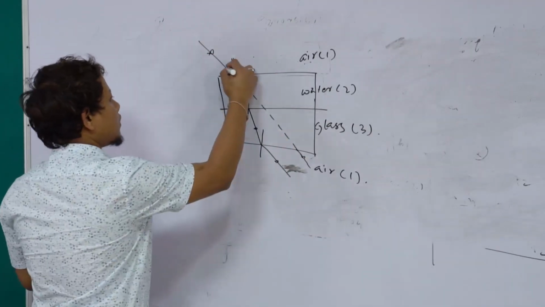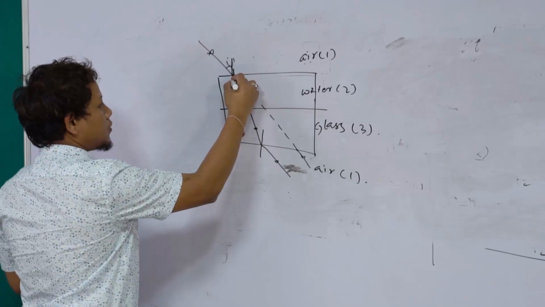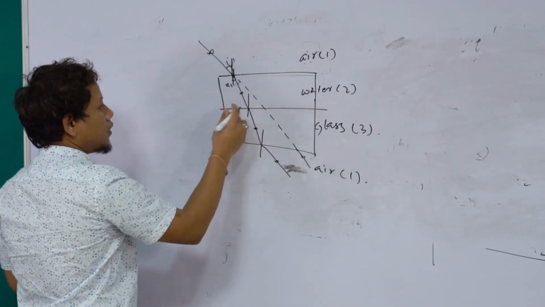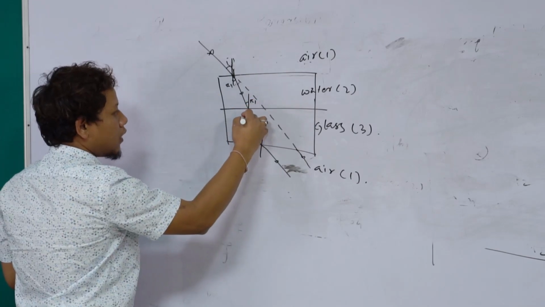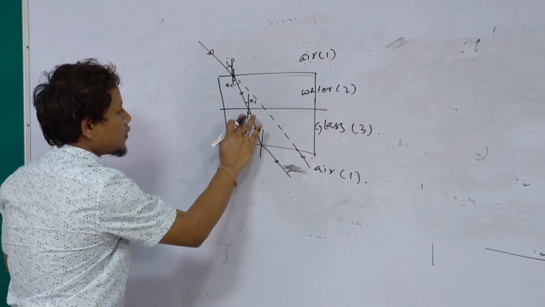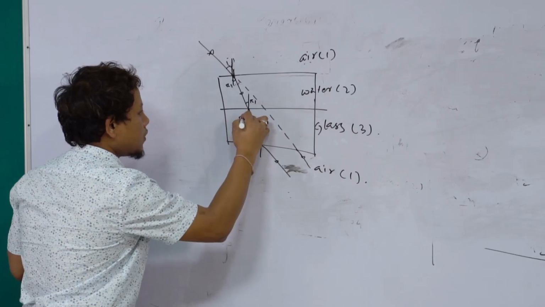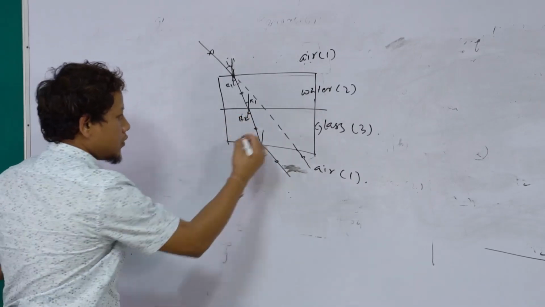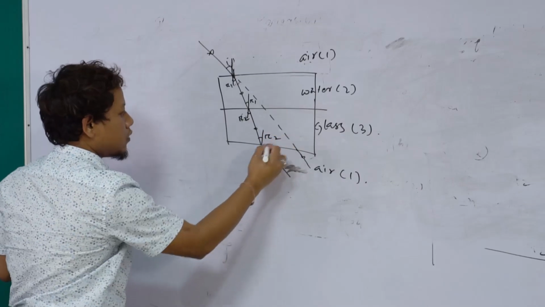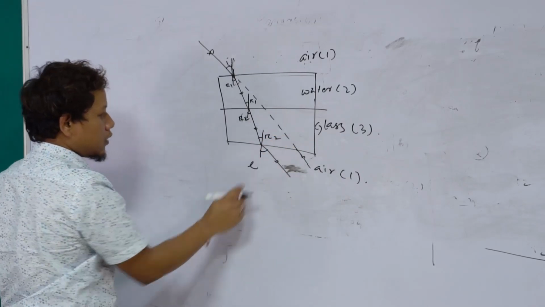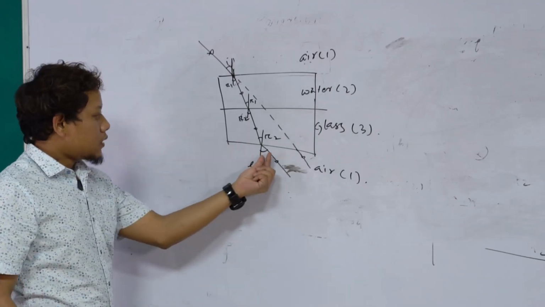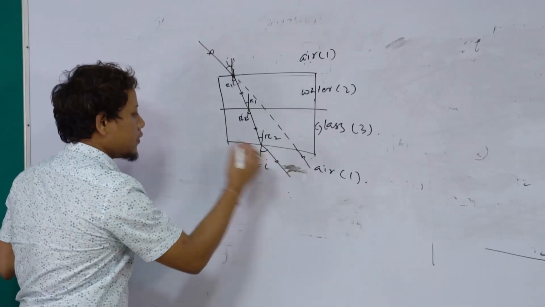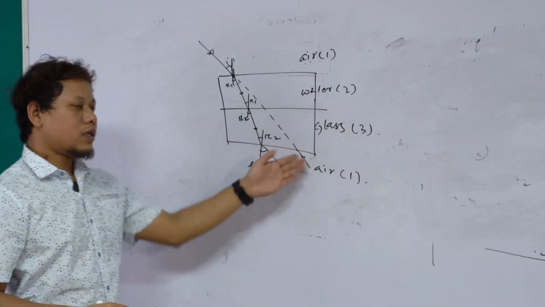Say this is angle of incidence I, and this is angle of refraction R1. If this angle is R1, this angle must be R1. This angle is R2, and I am writing outside because space is quite less. If this angle is R2, this angle must be R2. This angle is E, the angle of emergence. As I told you, the angle of emergence is always equal to the angle of incidence, because these two rays are parallel.